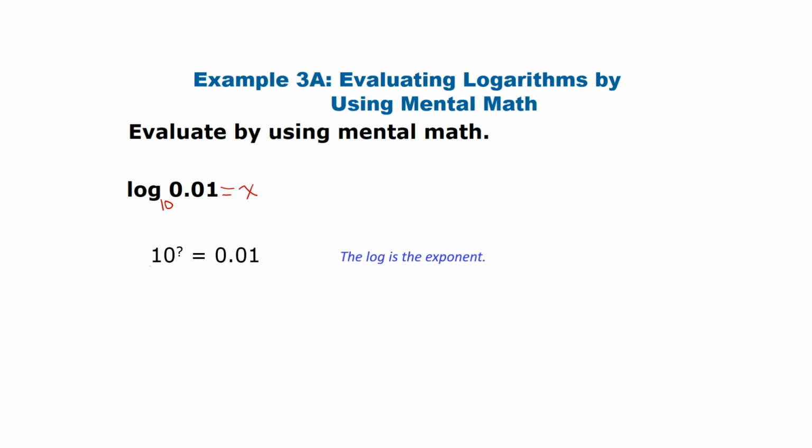Well, 0.01 is less than 1, so I know it's going to be a negative because it's going to have to be the reciprocal. And it turns out 10 to the negative 2 equals 1/100th. To rewrite it in log form, we would say log of 1/100th equals negative 2. And we know that it's log base 10 of 1/100th equals negative 2.